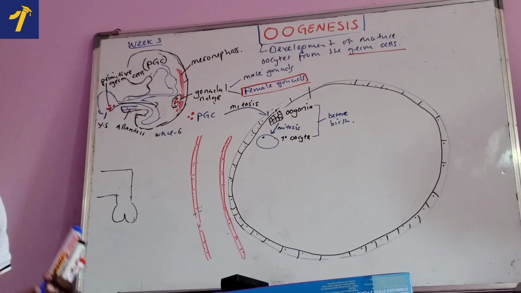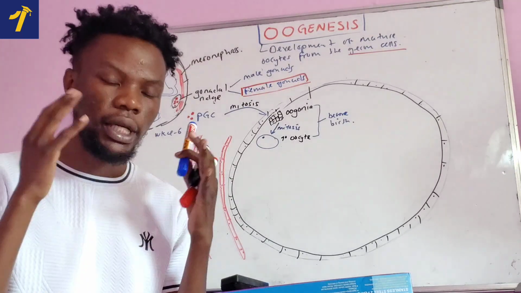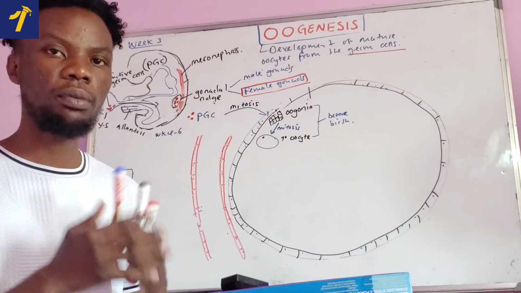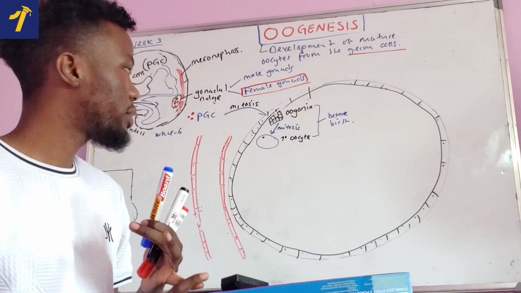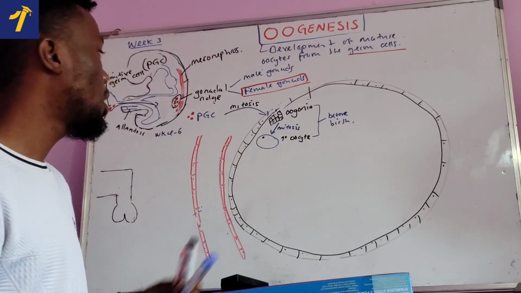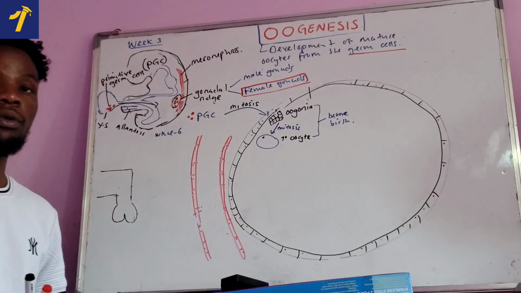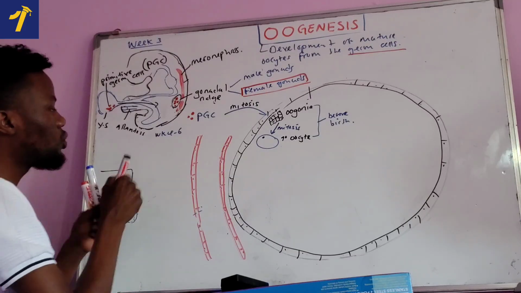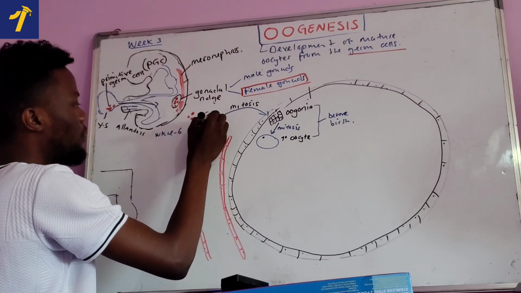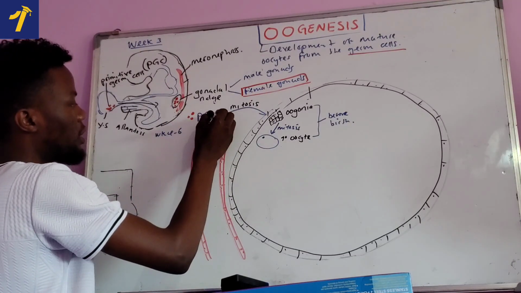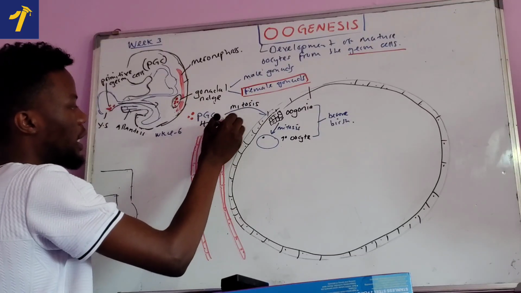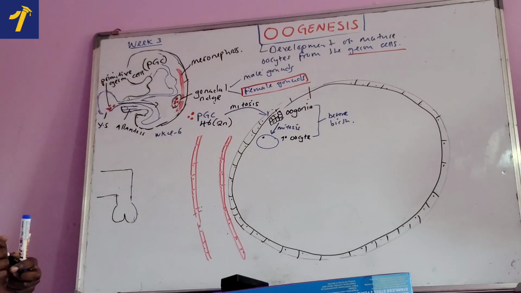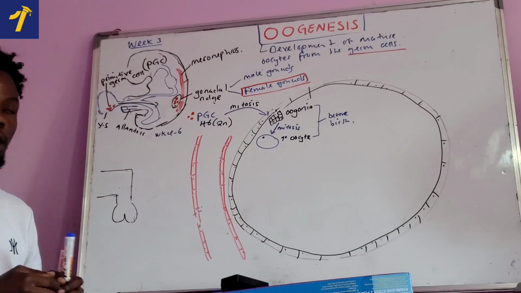And again, an important concept that you need to take note of is the number of chromosomes of the primary oocyte, the oogonia, and the primitive germ cells. How many chromosomes are there? We need to remember that it is 46 chromosomes. If you remember the formula, it is 2n, where n stands for the number of chromosomes from each parent.